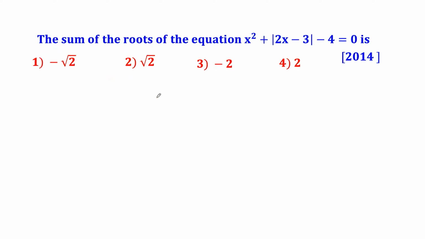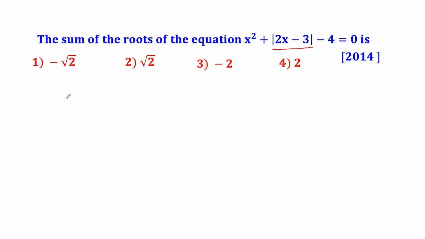Now, sum of the roots of the equation x square plus mod of 2x minus 3 minus 4 is, right? So look into this case, the modulus is given, right? So we don't have any idea how this modulus will work, right?